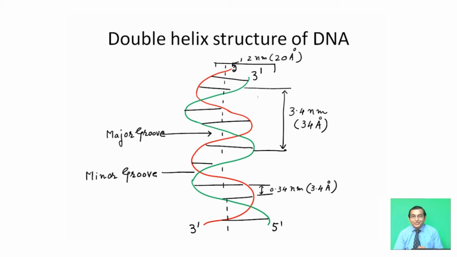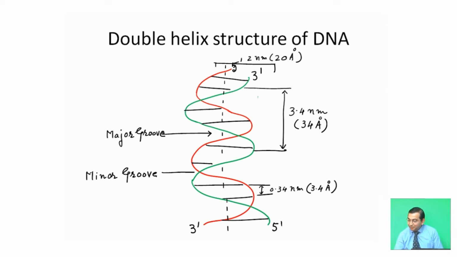The helix turns at every 10 base pairs, that is at 3.4 nanometer or 34 angstrom, the base rotates 360 degrees. In each turn, two grooves are formed.